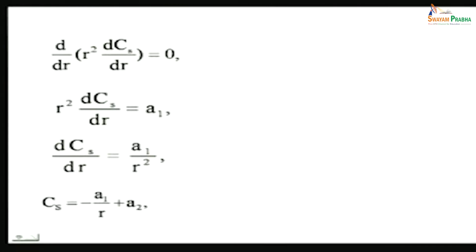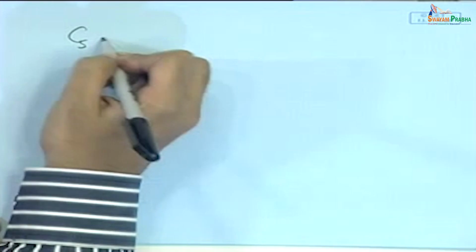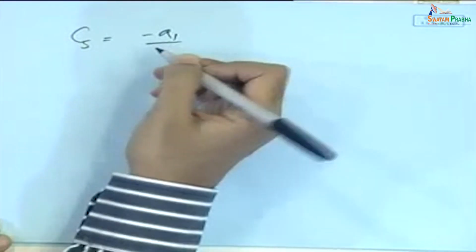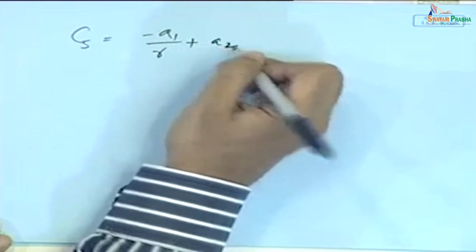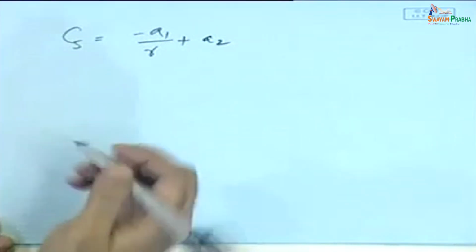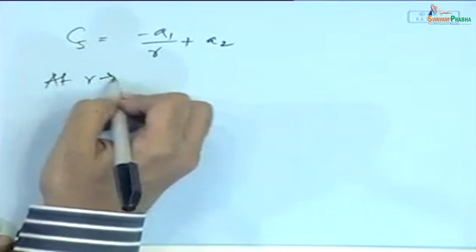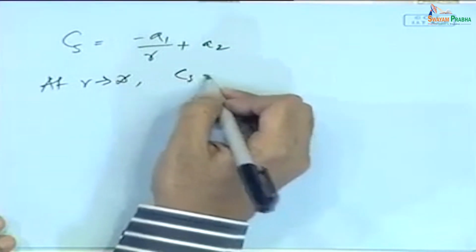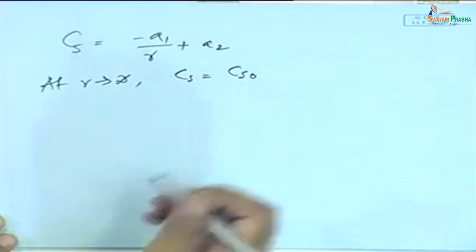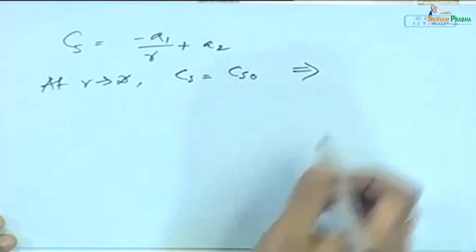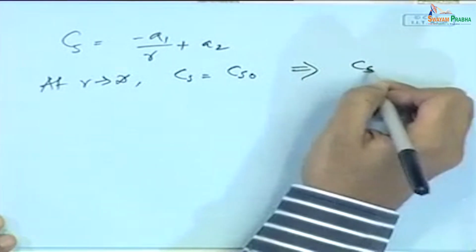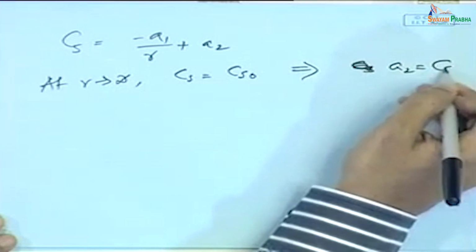So Cs is something like this, you get. This is what you get. Now use the second boundary condition, r going to infinity, Cs equals Cs naught, which means that A2 equals Cs naught.